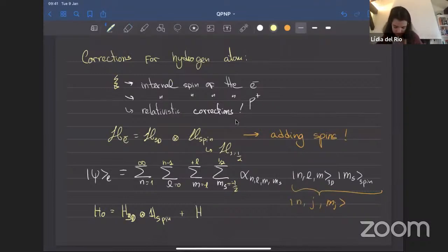Then we have some interaction between the two, and this depends on L times S over R^3, something like this. And this is where you need to put relativistic constraints.